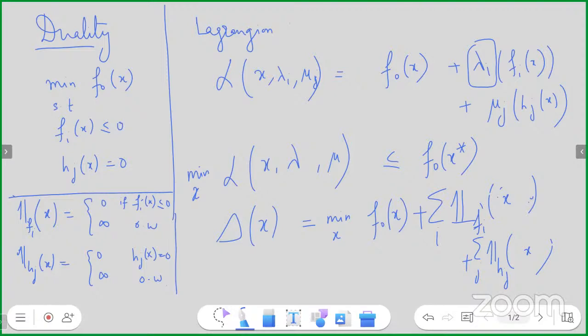Now compare what did I really do by going to the Lagrangian. They're not identical. This is what I would have really liked to do if it was feasible. Indicator functions are highly problematic, so I can't really do them. So I'm doing a surrogate function of that, which is what is coming into the Lagrangian.